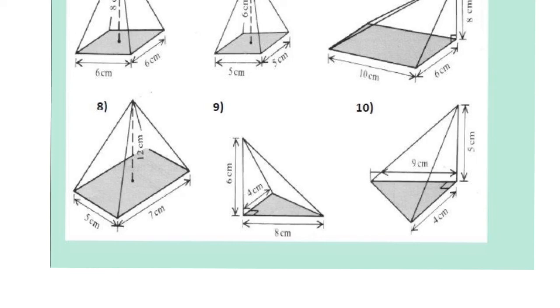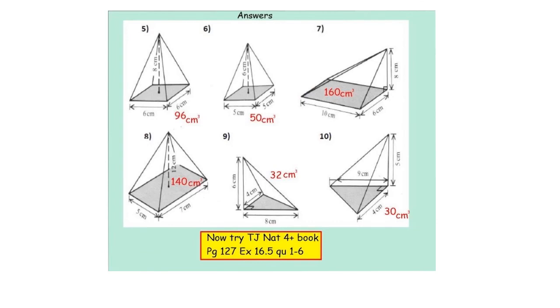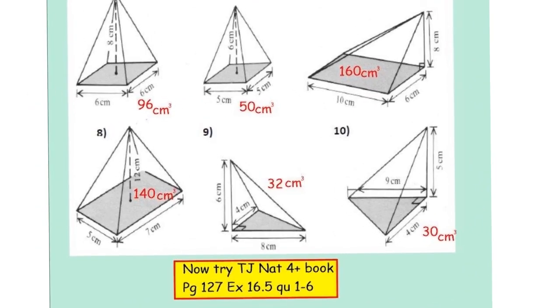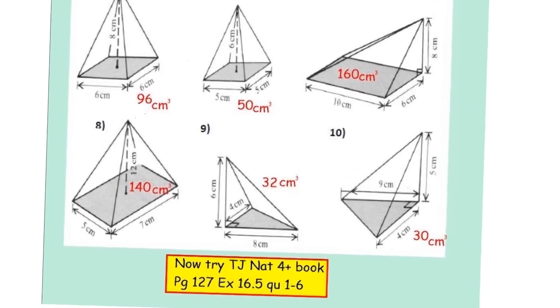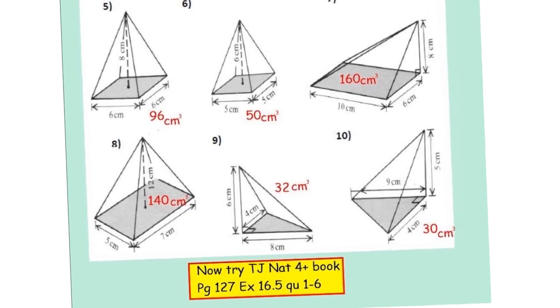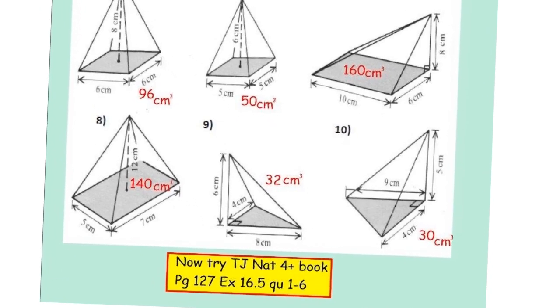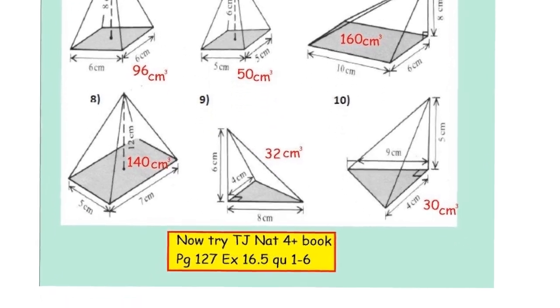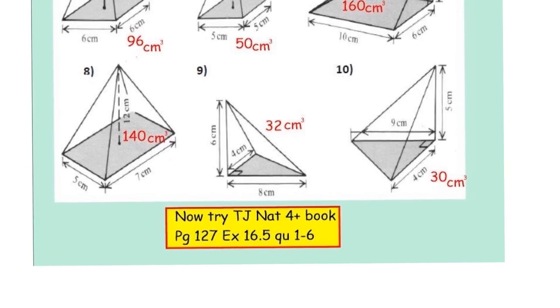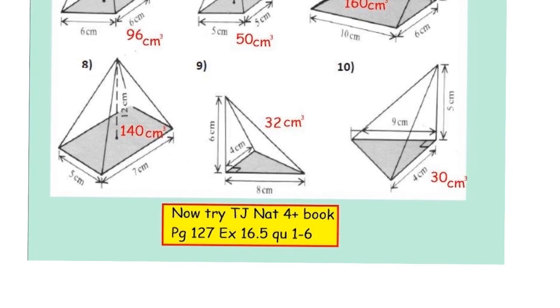Once you've got those done, on the next slide, I have the answers here, so you can check your answers for those 6. And once you've done that, let me zoom it in again. Oh my goodness, it's a bit wonky. Once you've done that, you can go to the textbook and try page 127, exercise 16.5, questions 1 to 6.